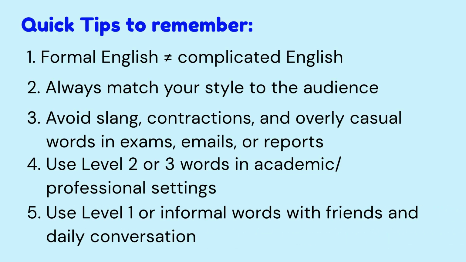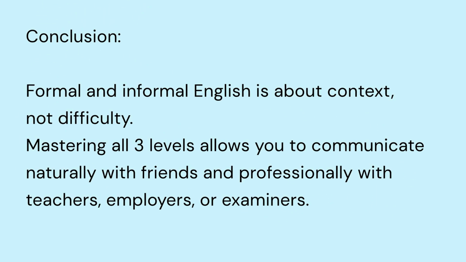Use level 1 or informal words with friends and daily conversation. Formal and informal English is about context, not difficulty. Mastering all 3 levels allows you to communicate naturally with friends and professionally with teachers, employers, or examiners.